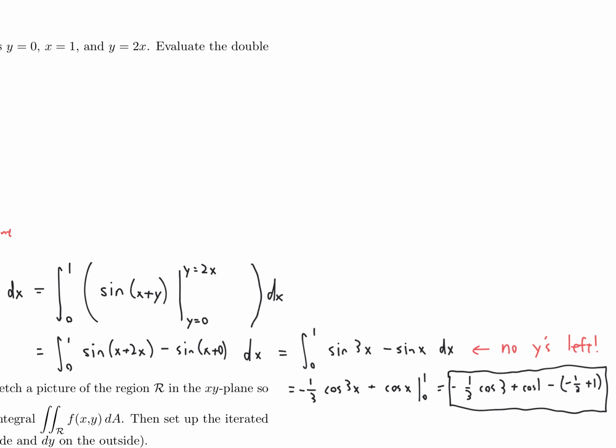Okay, I know I went through that quickly, but I wanted to emphasize that at the end of the day, I really do just end up with a number, right? I integrated all the y's away in the first integral, and then I integrate all of the x's away in the second integral.